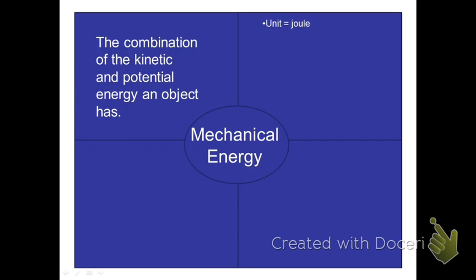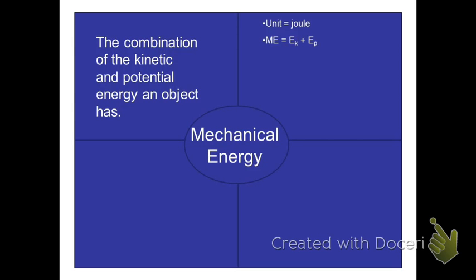Characteristics include the units. We should know by now the unit for any energy is joules. The formula says that mechanical energy equals EK plus EP, which means kinetic plus potential.